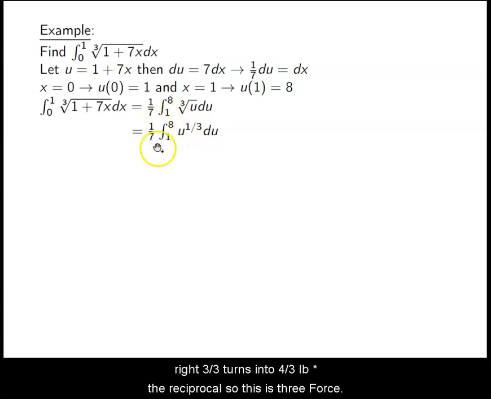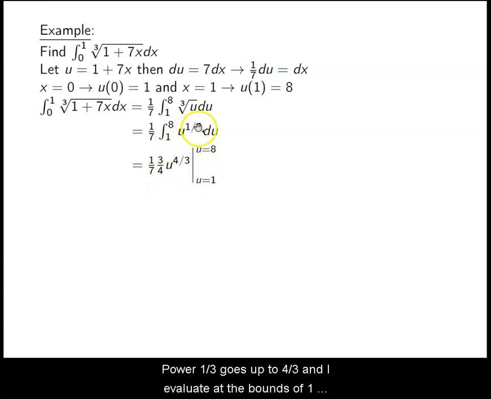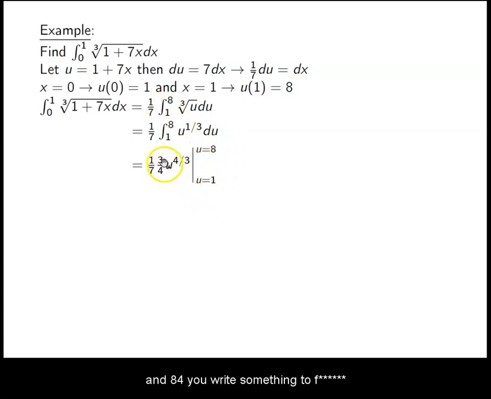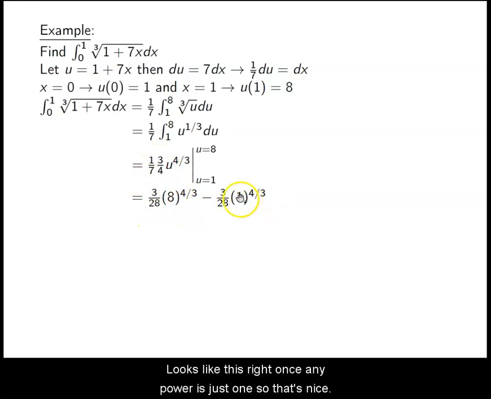So this is 3/4 times 1/7. The power 1/3 goes up to 4/3, and I evaluate at the bounds of 1 and 8 for u, right? So I'm going to plug in u is 8, and I'll plug in u is 1. So I got 3/28, looks like this, right?